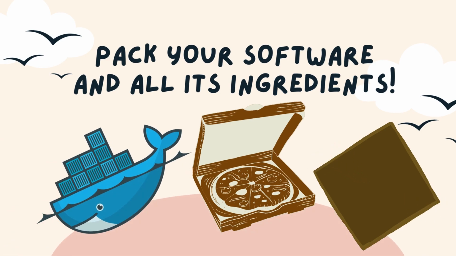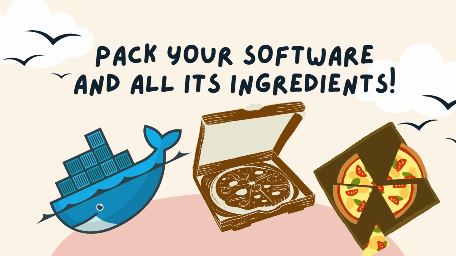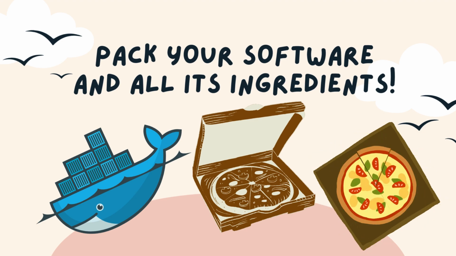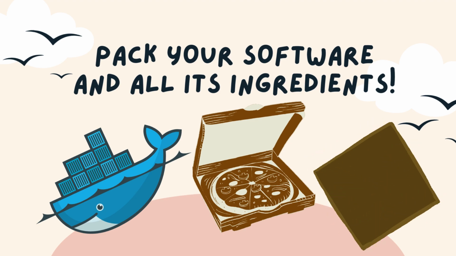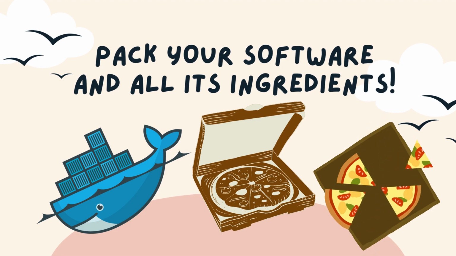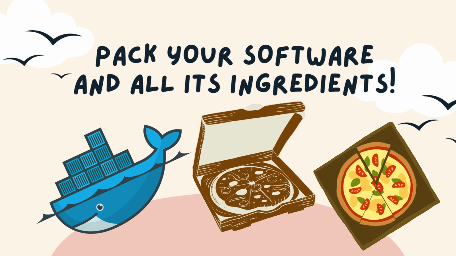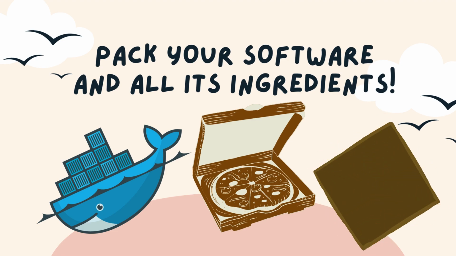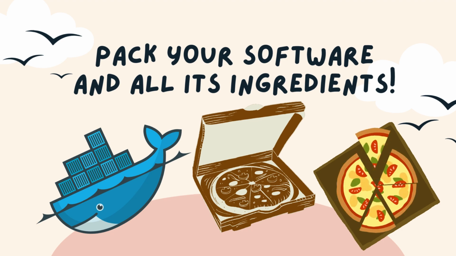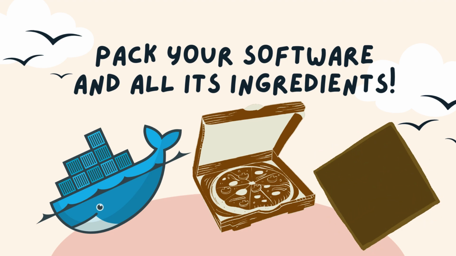Docker. Docker is like a lunchbox for your pizza slices. It packs your software and all its ingredients into a portable container, making it easy to transport and run on different machines. So Docker acts as a software containerization tool, and this container ensures consistency and enables seamless deployment across various environments.